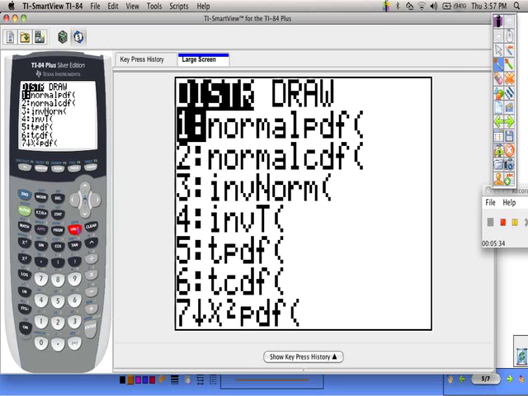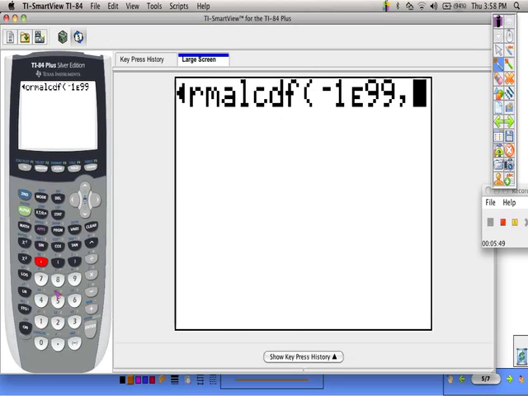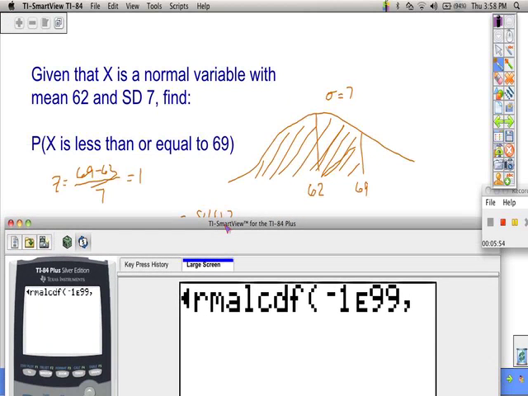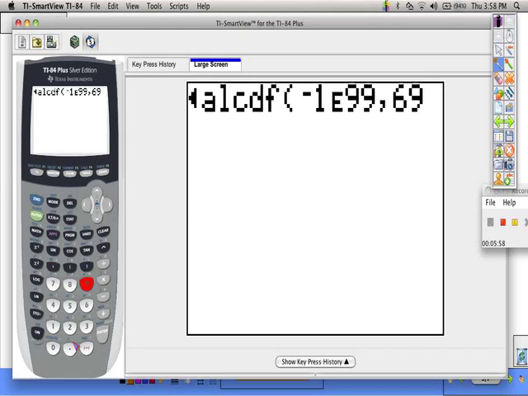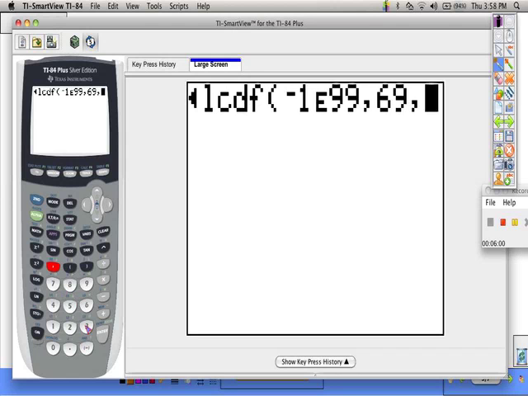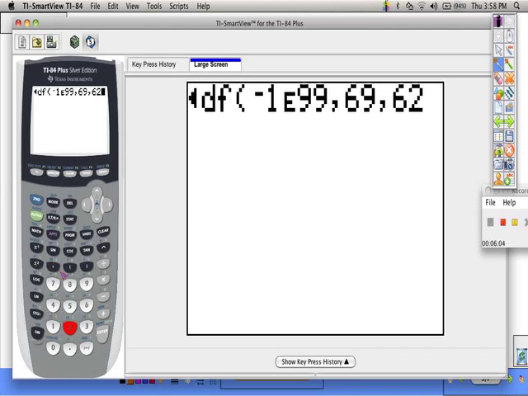We want choice 2, and we're going from negative infinity, so negative 1 times 10 to the 99th, comma, our value, which was 69, comma, and then we put the mean, and then the standard deviation.